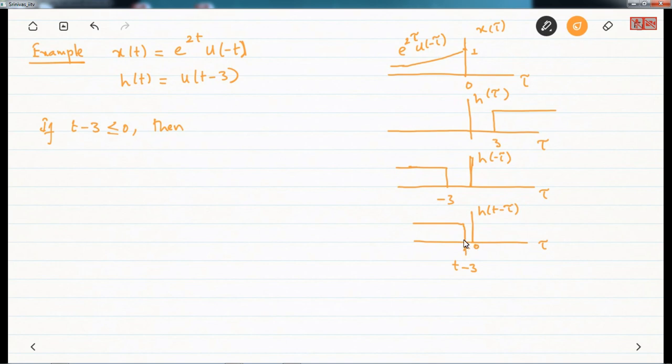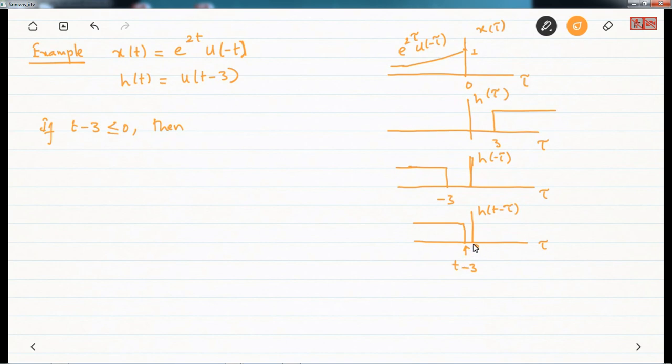So depending on the value of t, this entire signal moves either to the right or to the left. This unit step function is moving either to the left or to the right, and its starting point is t minus 3.